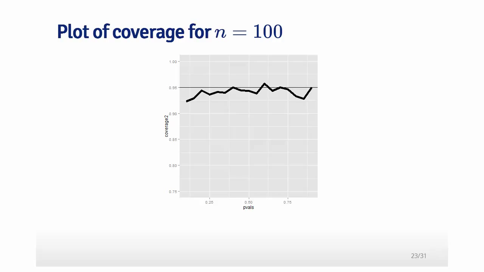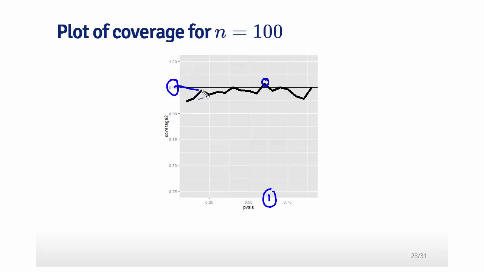So in each case, take for example this point right here. For that specific true value of p, I simulated 100 coin flips, took the sample proportion, created the confidence interval, and saw if it contained this true value of p. And over 95% of the instances, that was the case.